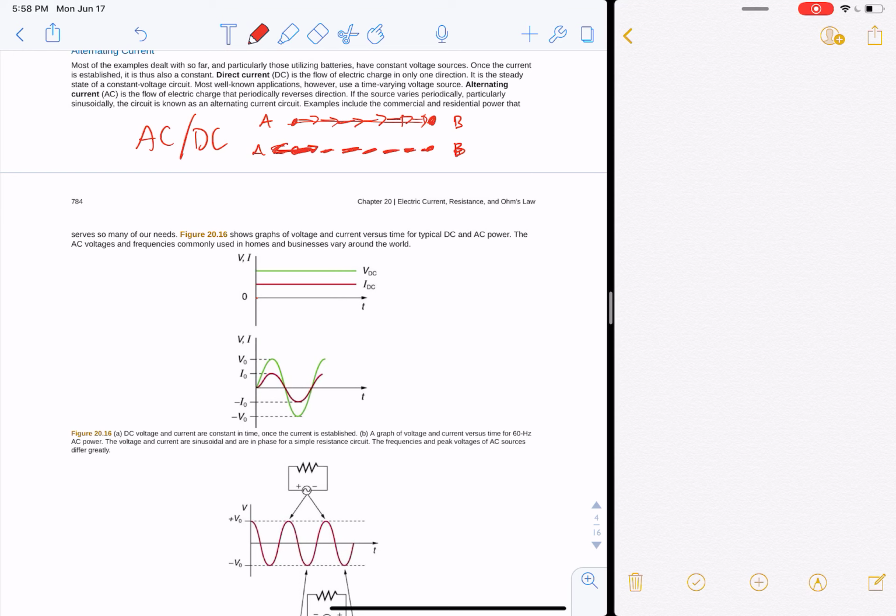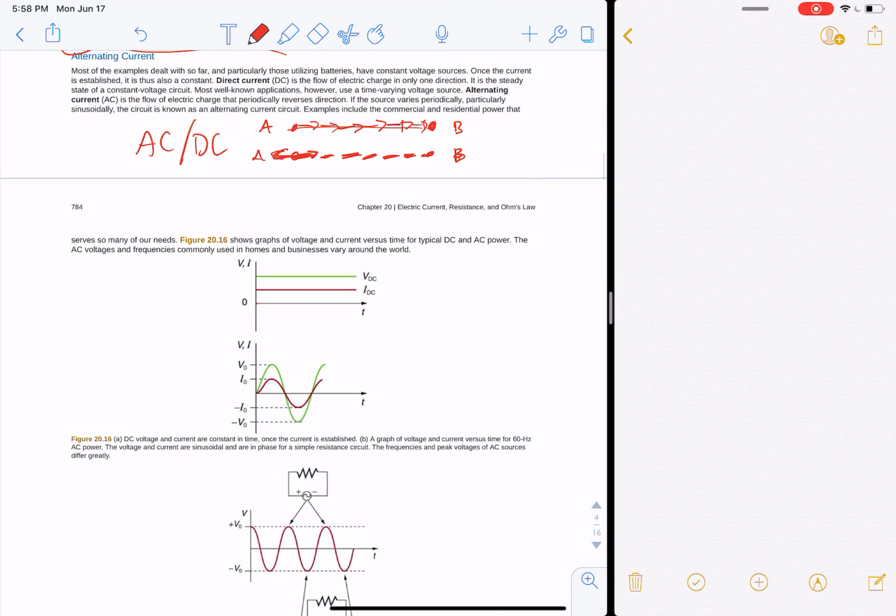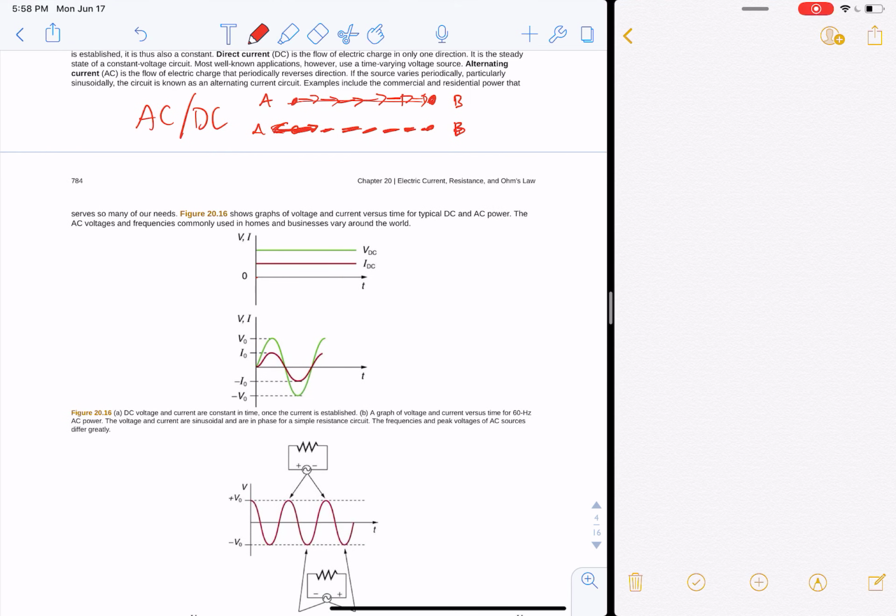That's a big difference in the way you transport your energy, and this is why we need transformers. When you plug a wall wart into the wall, you have to transform AC to DC, because all of your phones, laptops, iPads and everything need to be powered by direct current.